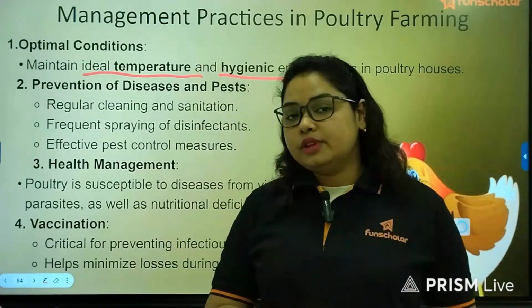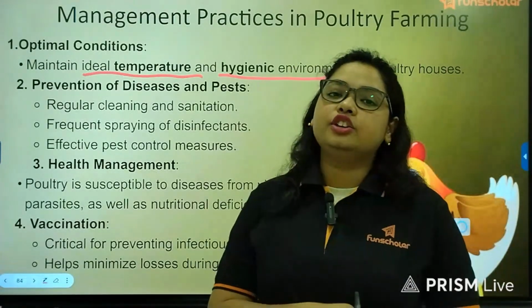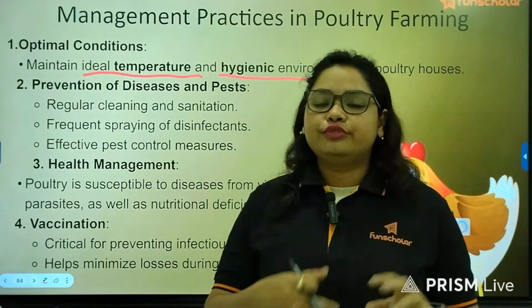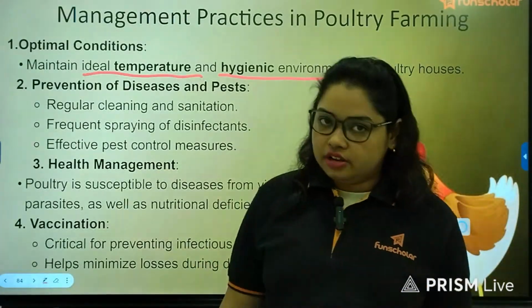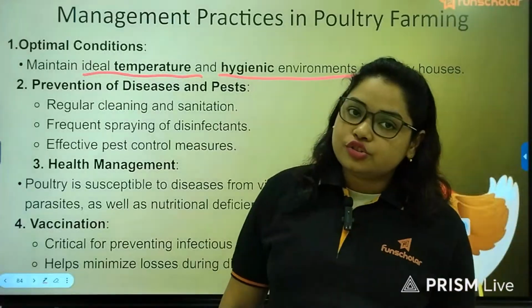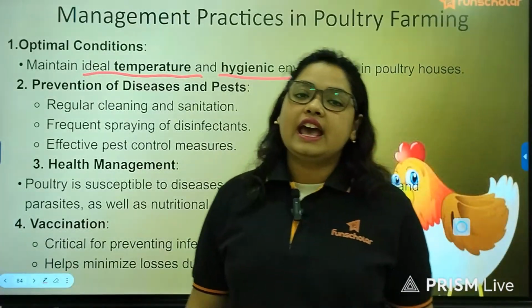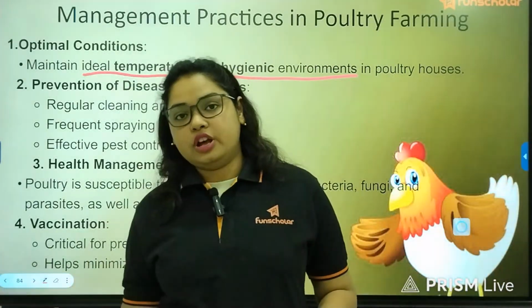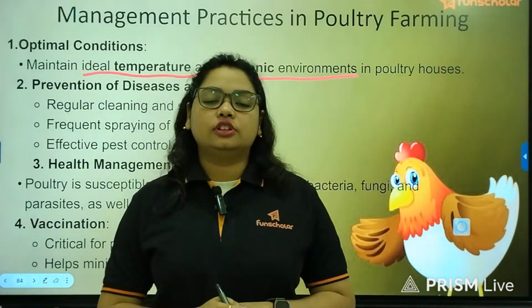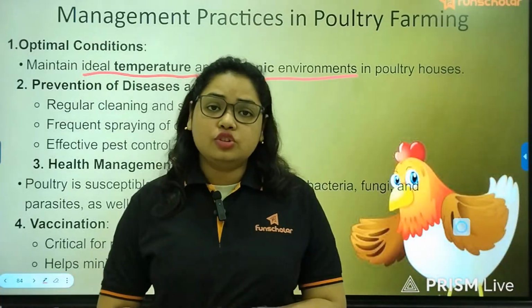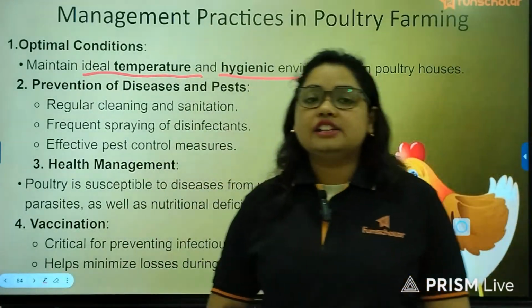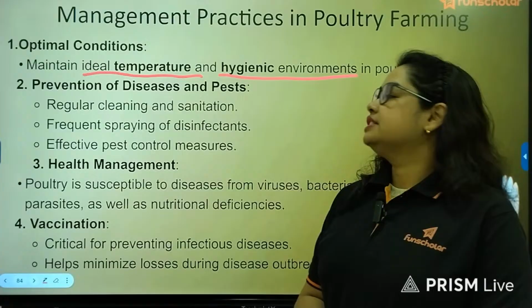Then the floor must be sloped so that the urine that they pass should flow away and be collected and then cleaned on a regular basis. The cow dung should also be cleaned and reused for production either of biogas or for any other purpose such as making manures, because that is also rich in nutrients.